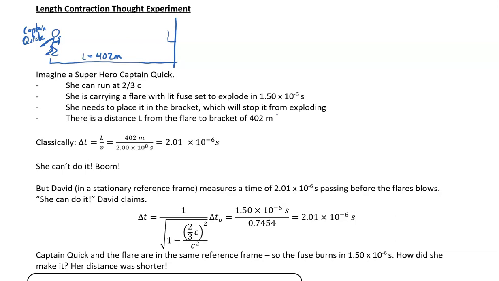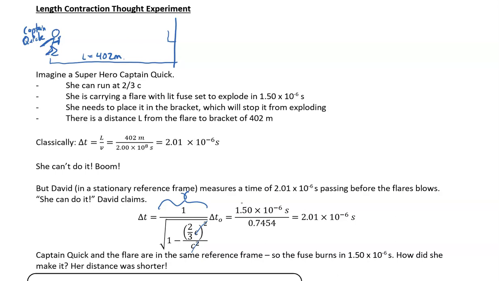Well, he sees that there's a time dilation here. So he says the time that Captain Quick is measuring is 1.5 times 10 to the negative 6 seconds, but then we have to take into account this gamma value. Remember, this whole value here was gamma. If you put in 2/3 c, the c squared and the c squared cancel out. 1 minus 2/3 squared, and you take the square root of that, that gives you 0.7454.